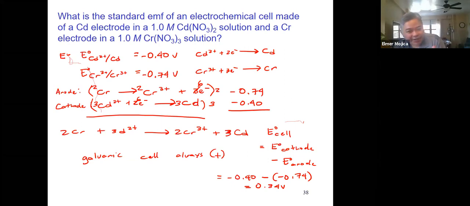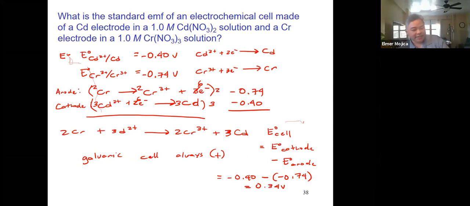And you might end up with the one that has the higher potential not being the one that is reduced, and the one that has the lower potential not being oxidized, because you might be given a reaction of an electrolytic cell. So I want you to remember that.